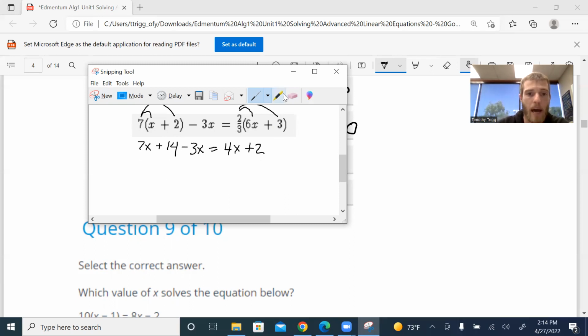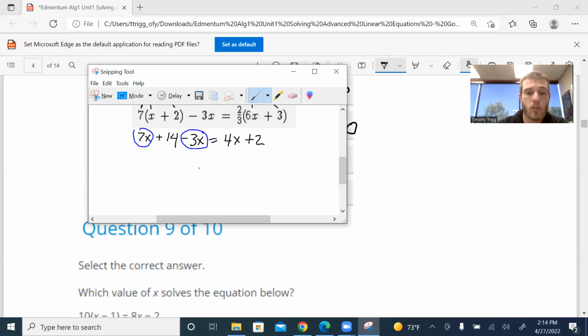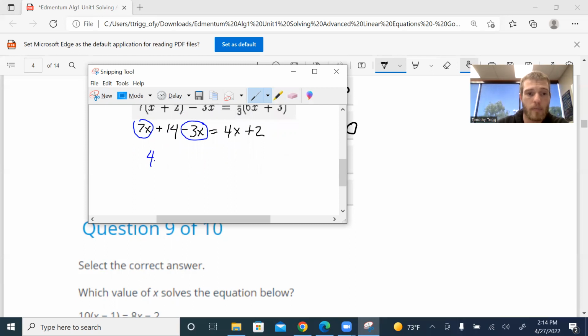We can combine like terms over there on the left side. This 7x minus 3x, those are like terms. You just combine their coefficients. So that gives us 4x. We have a plus 14 here on the left. On the right side, we still have a 4x plus 2. I cannot combine those together.